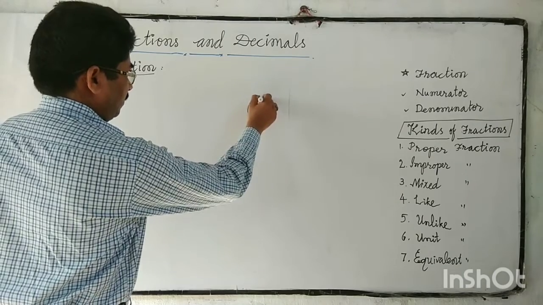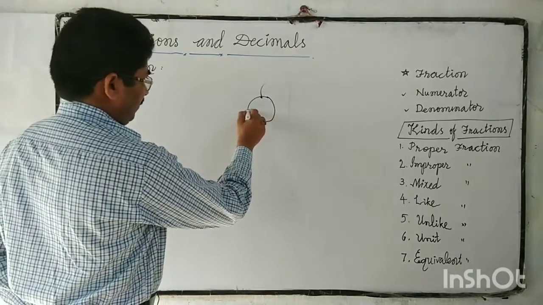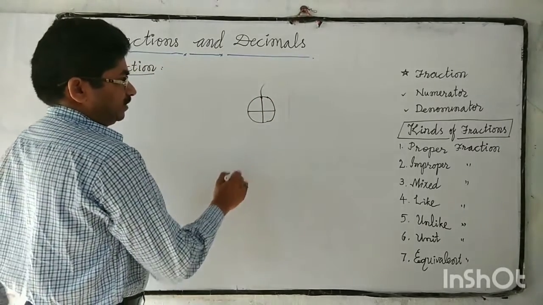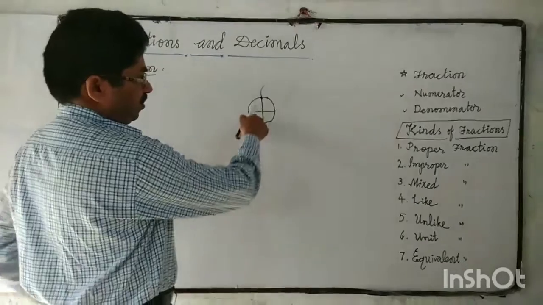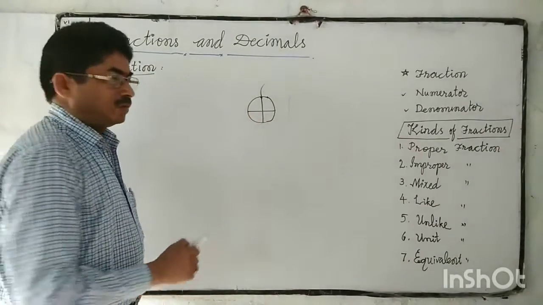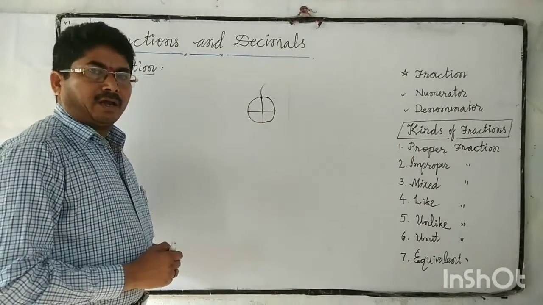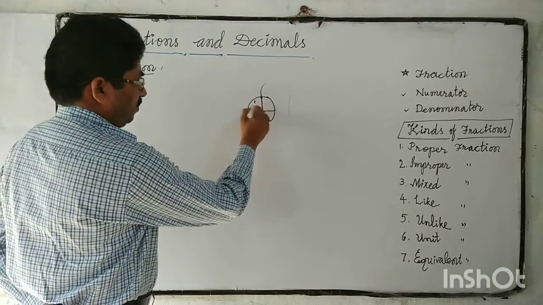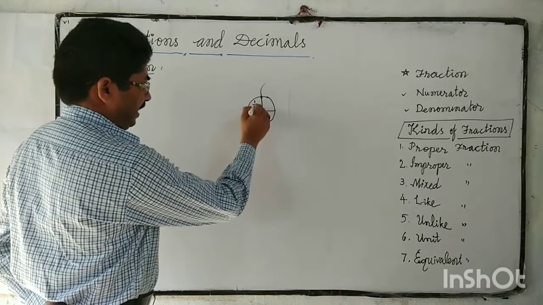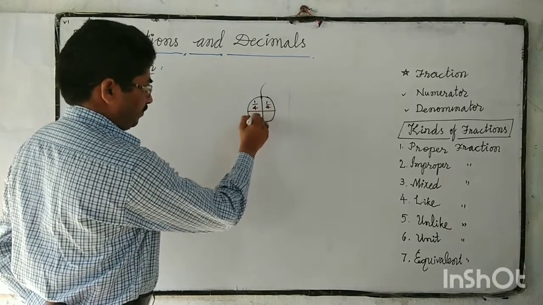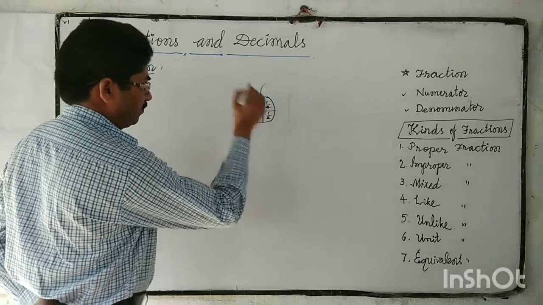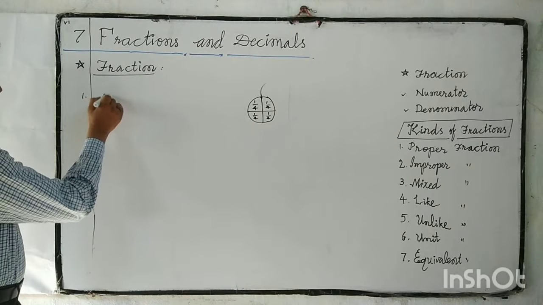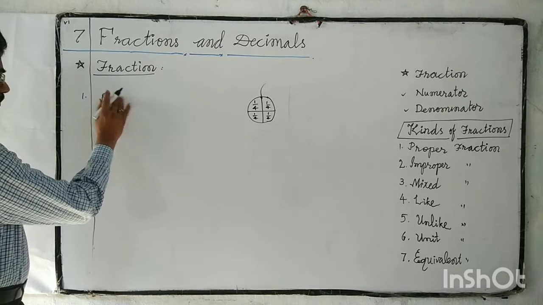Here is a fruit. It is divided into 4 equal parts. Then each is called 1/4. Quarter, 1/4.